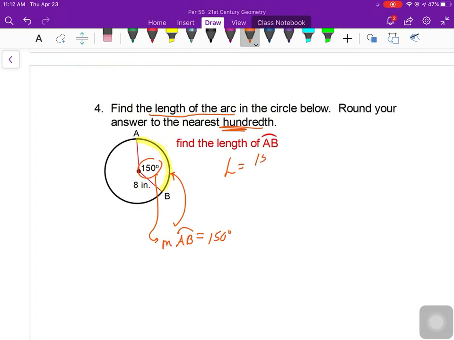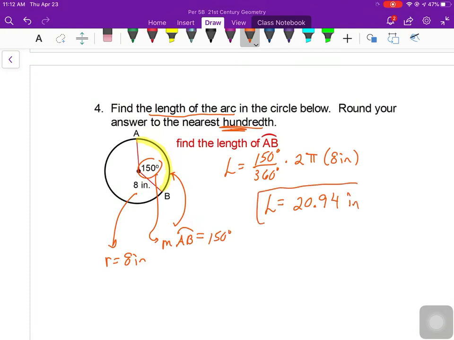So to find the length of the arc, we take the fraction of the circle, 150 degrees out of 360 degrees, times 2 times pi, and again, they gave us the radius, 8 inches, so times 8 inches. And this time we'll put all of that into our calculator because we're going to round it. And we get 20.94 inches.